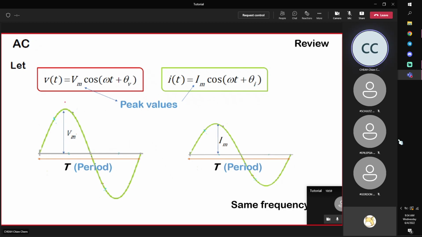In power engineering, what we are interested in is the average power.